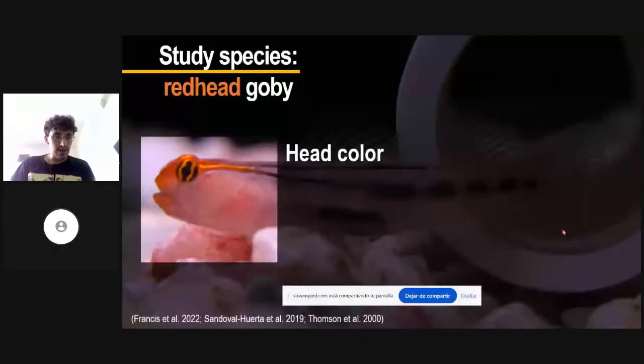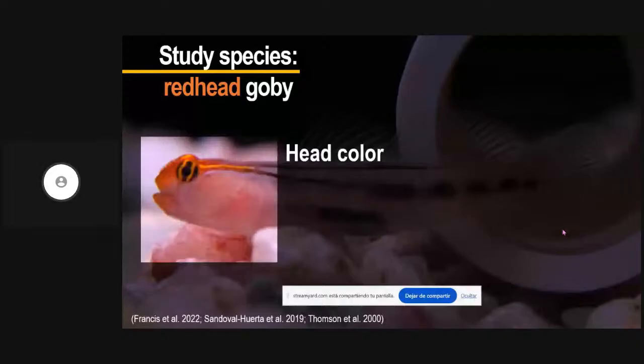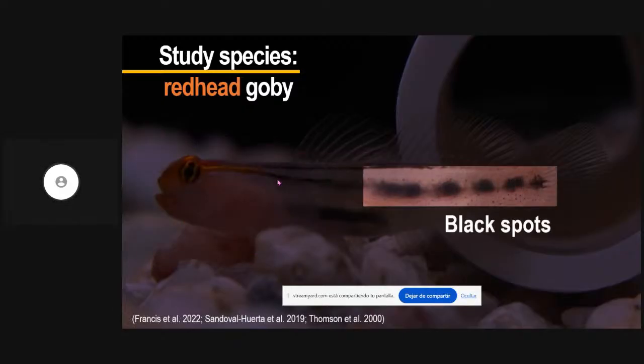Okay, solved it. Well, I was saying that my study species is the redhead goby, and some characteristics are present in this species. As I previously said, the orange color on the head, or in some other populations the color of the head is red, and they possess neon lines over the head, an orange line and a blue line, and they also possess some black spots across the body.